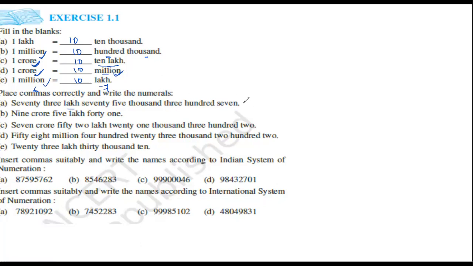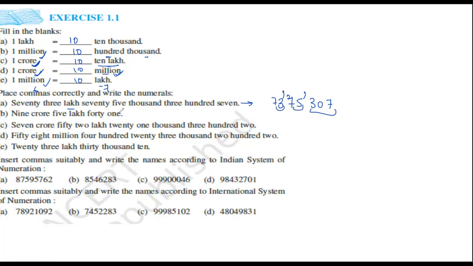So we'll write the numeral of it, which will be 73 lakh 75,307. We know in the Indian number system we write like this. Okay. First 3 digits, then 2 digits.